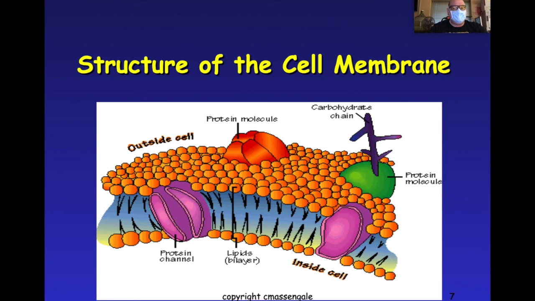So just another look at it here. We have proteins that have holes in them that allow things to pass through. We have proteins that have sort of binding sites for signals that get picked up. So that might be some molecule that says, okay, cell, you need to do something different.